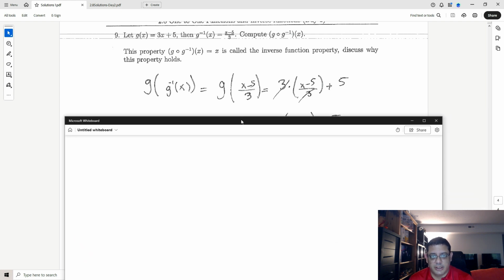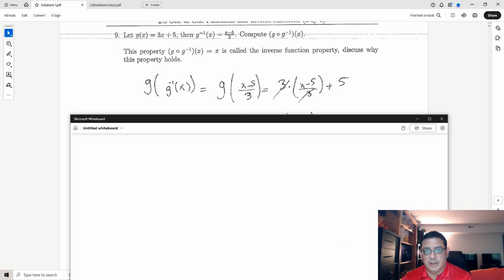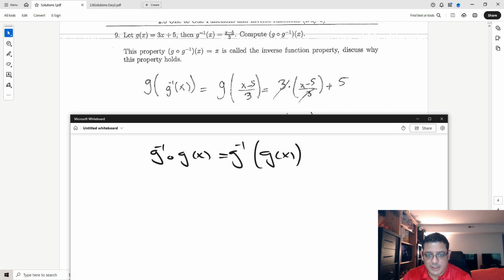Okay, so here just to make a small clarification, if we do g minus 1 composed with g of x, this is g minus 1 composing g. And so remember what g minus 1 is: (x minus 5) over 3. So this is (g of x minus 5) over 3.